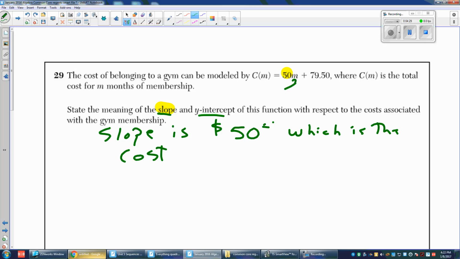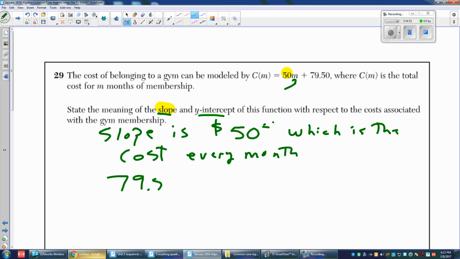Remember, if we plug in 3 months, it's going to be $150. If we plug in 5 months, it's going to be $250. So is that the startup cost, or is that the cost that we're going to pay every month? That's the cost we're going to pay every month, which is the cost every month.